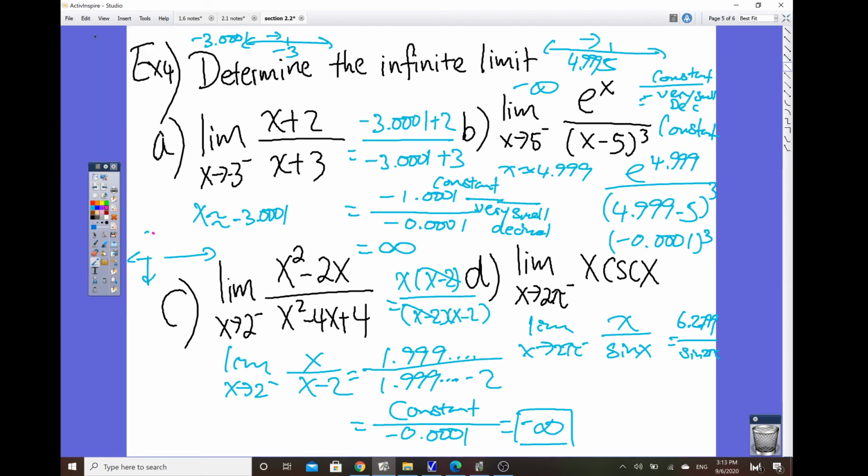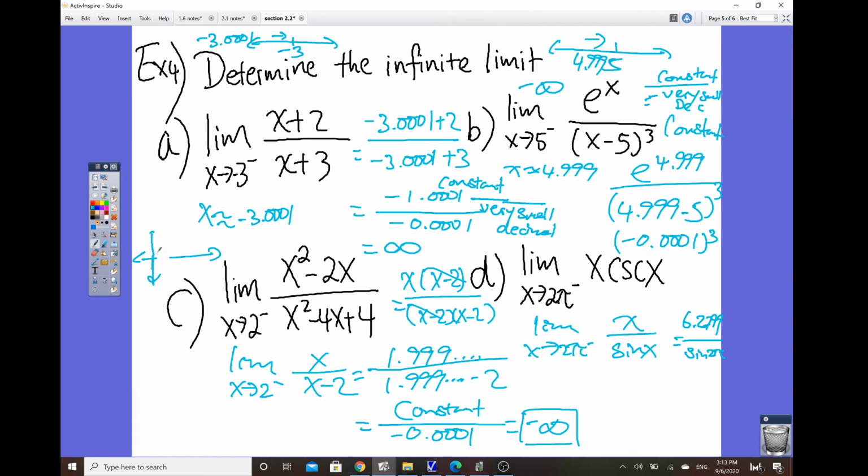Something's wrong here. Okay, so for sine of x, as you can see, here is 0. So this one's getting close to 0 from the left. So that would be considered negative 0.00001.